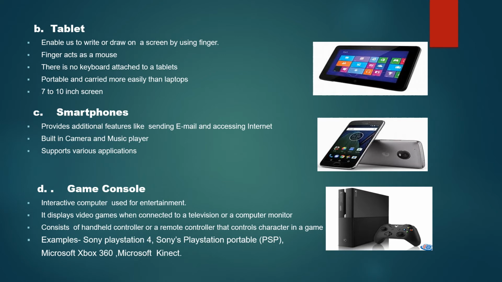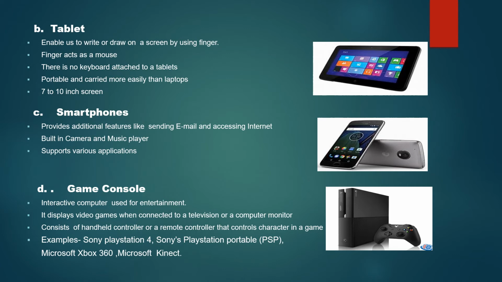Fourth type of mobile computer is game console. A game console is basically an interactive computer used for entertainment. It displays video games when connected to a television or a computer monitor. It consists of a handheld controller or a remote controller that controls characters in a game. Some examples of game consoles are Sony PlayStation 4, Sony PlayStation Portable, that is PSP, and Sony Xbox.